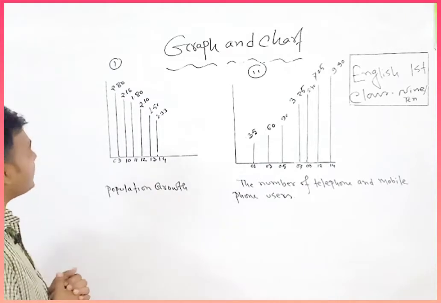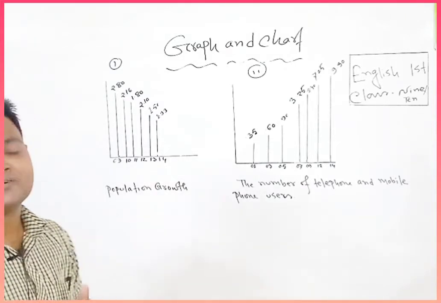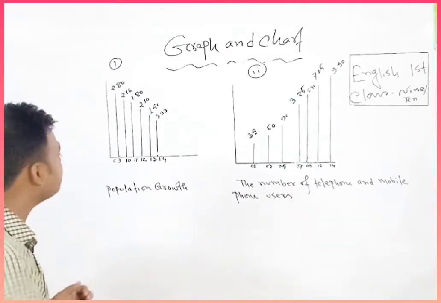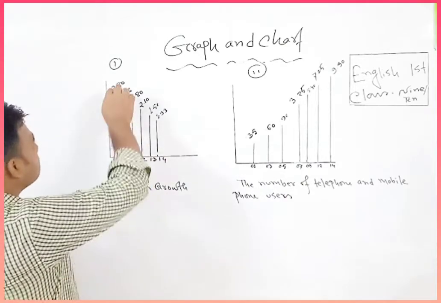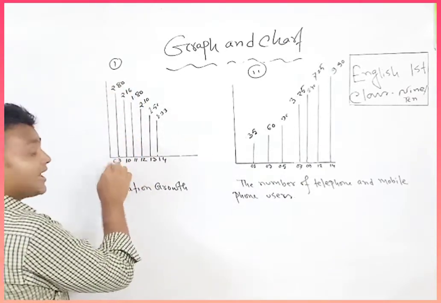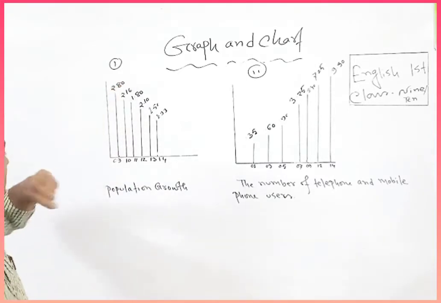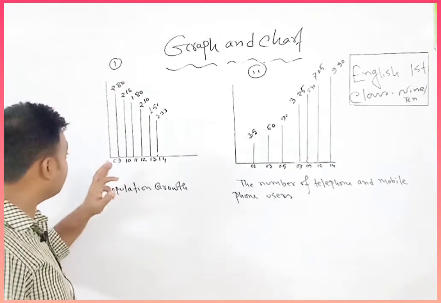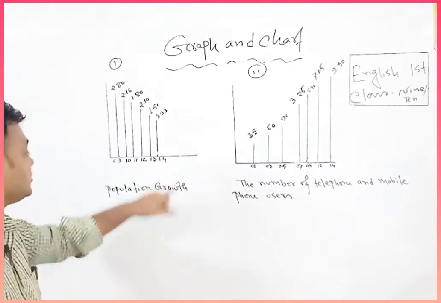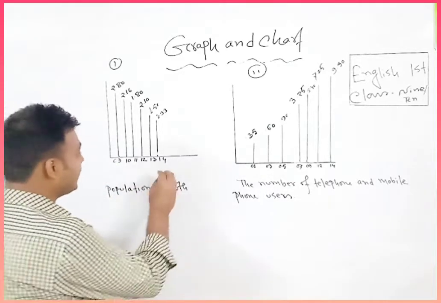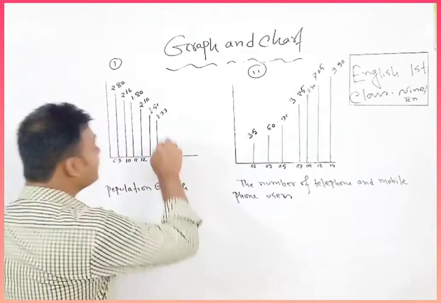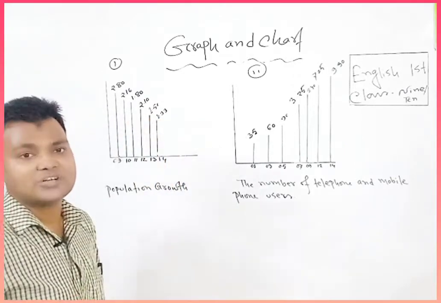The highest growth rate was in 2009, which was 2.8%, and the lowest growth rate was in 2014, 1.33.